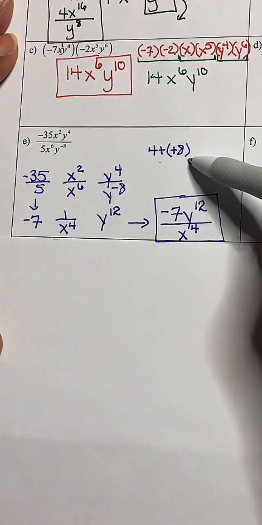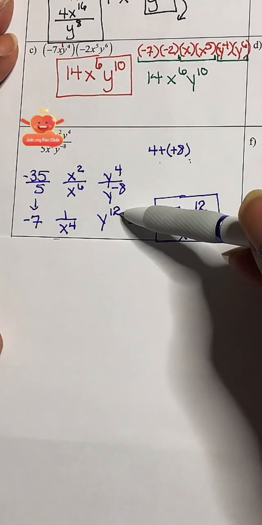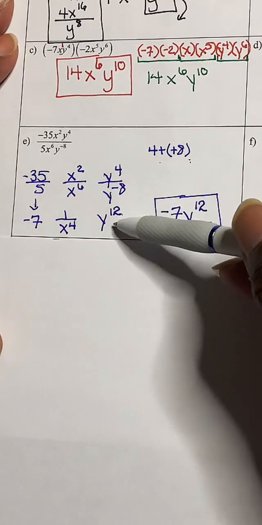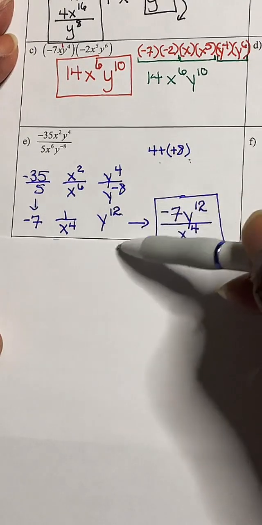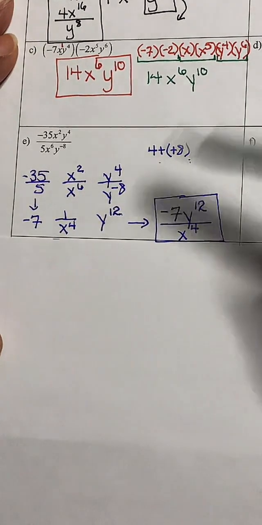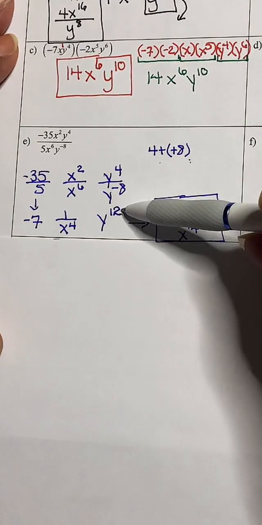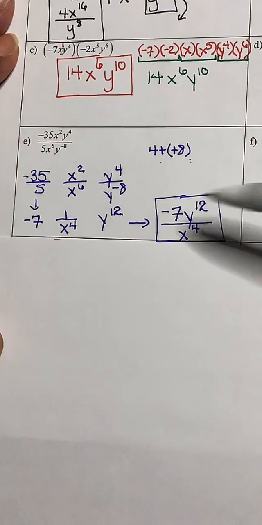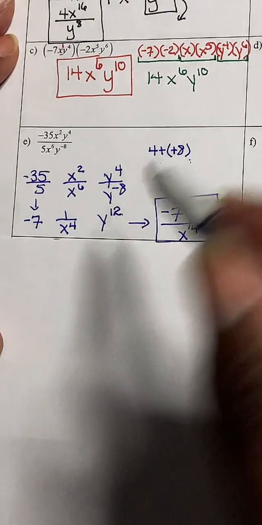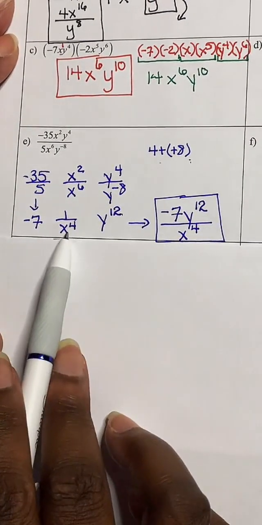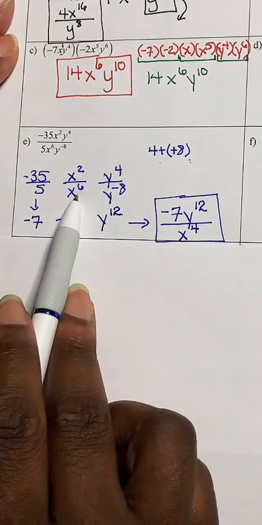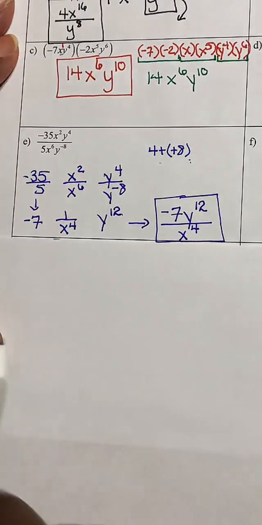So 4 plus 8 actually gives us 12. It's not going to give me a negative 12, so I don't have to move anything to the denominator. So that y to the 12th is going to stay in the numerator with the negative 7. And the only thing in the denominator is what we get with our x's, because 2 minus 6 gives me a negative 4.